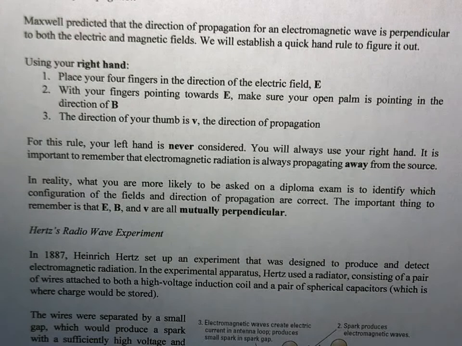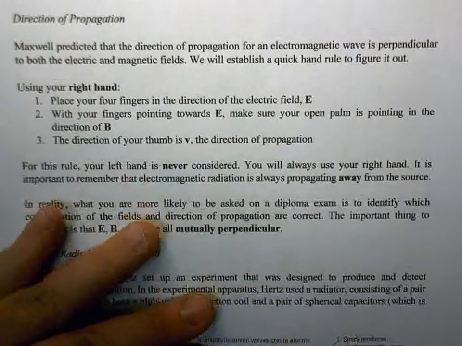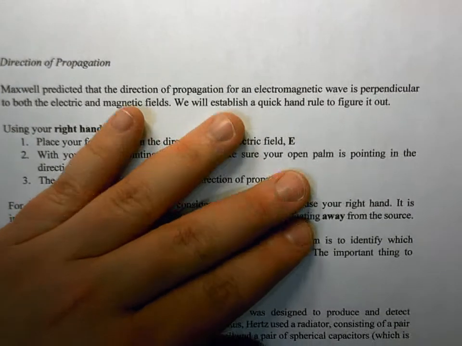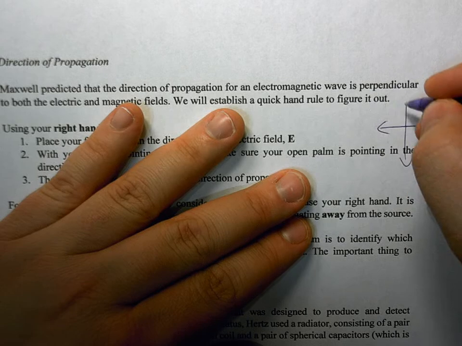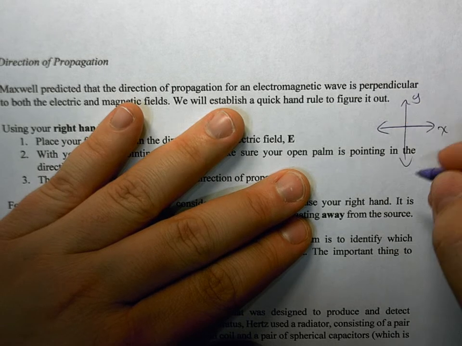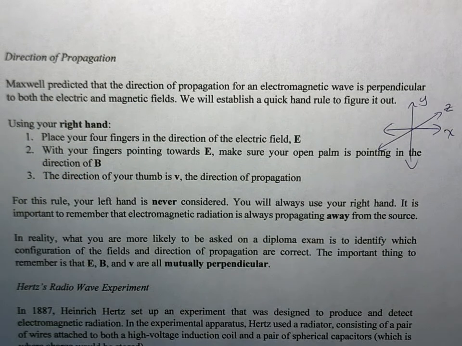What's most likely going to happen is they're going to give you planes of oscillation. So for example, let me draw a coordinate axis here. Let's say that's an x-axis, that's a y-axis, and then in and out of the page is a z-axis.